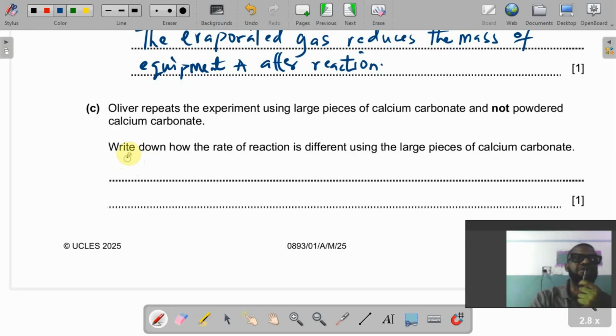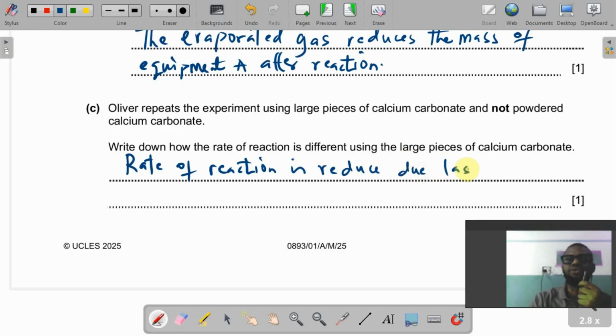The rate of reaction is reduced, or decreased, due to the smaller surface area of the calcium carbonate, because it's no longer a powder.